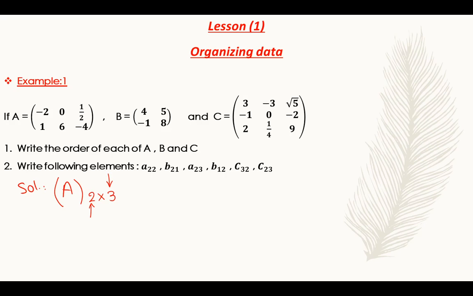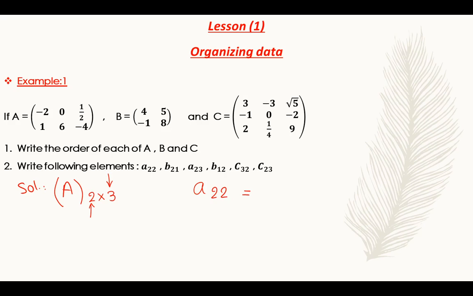Here we want to find the element A22. What do we mean by the element A22? A is an element of the matrix A, and the matrix A is denoted by capital A. A22 means the element in the second row, second column.